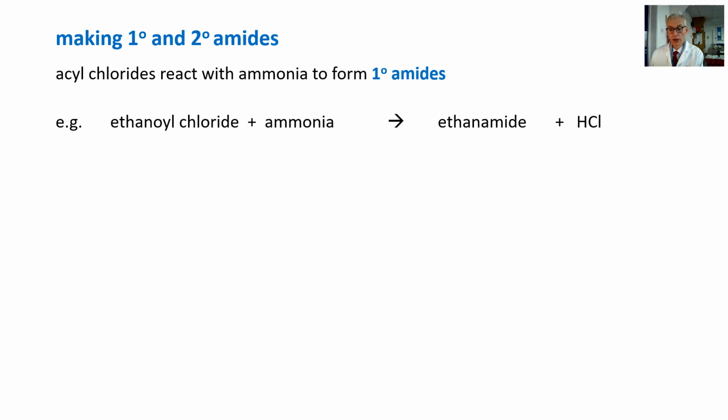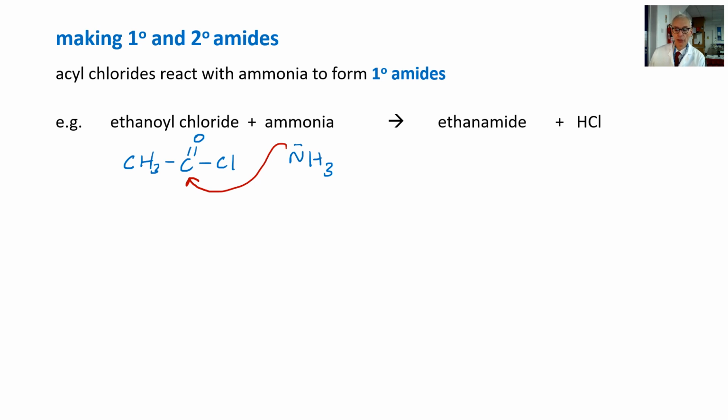Okay, so if I go through that, there is ethanoyl chloride, obviously ammonia. The key point about ammonia is that it has a lone pair of electrons, and that is going to attack the electron deficient carbon of the carbonyl.